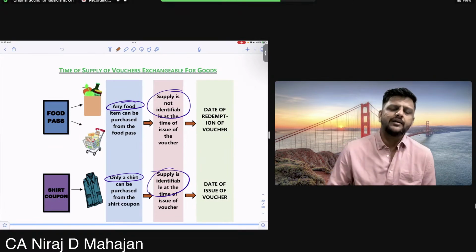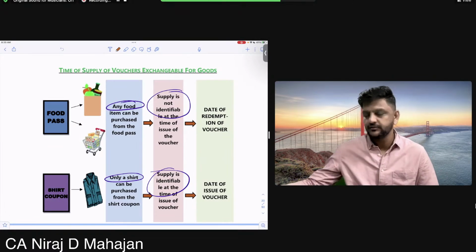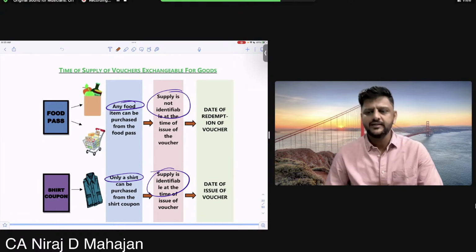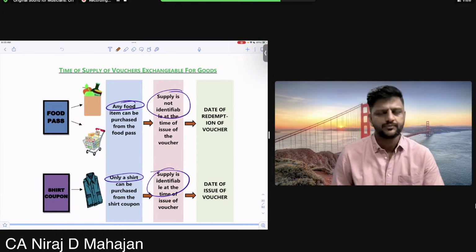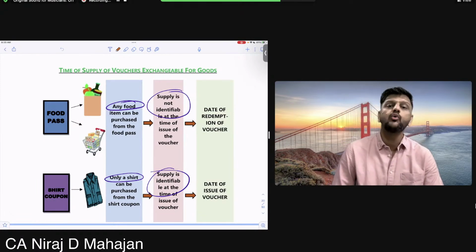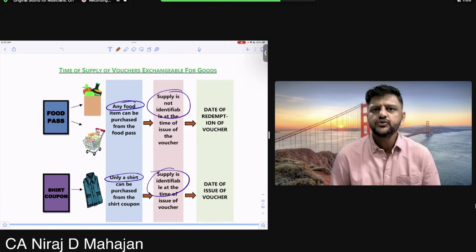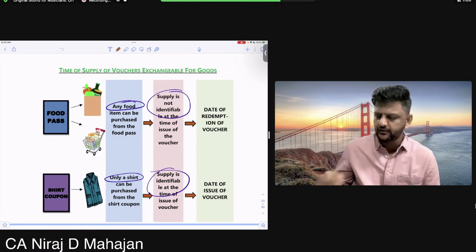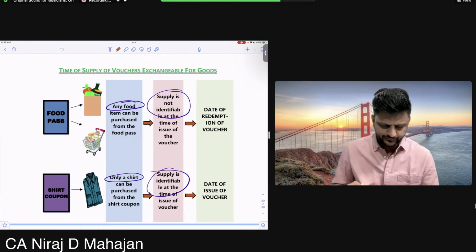If the supply is very clearly known, if you know which item you're going to get against that voucher, then the date of the voucher is the time of supply. But if you are not sure what you can get through that voucher, then the date of redemption, that is the use of the voucher, will be the time of supply. Clear? Let's go ahead.